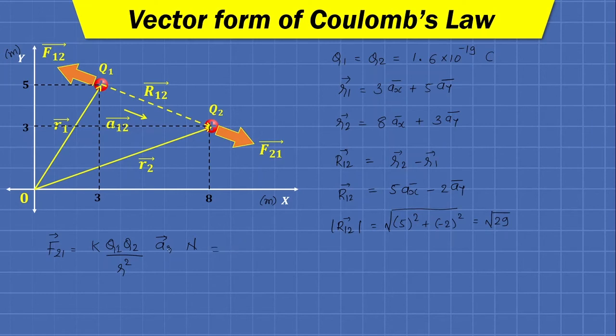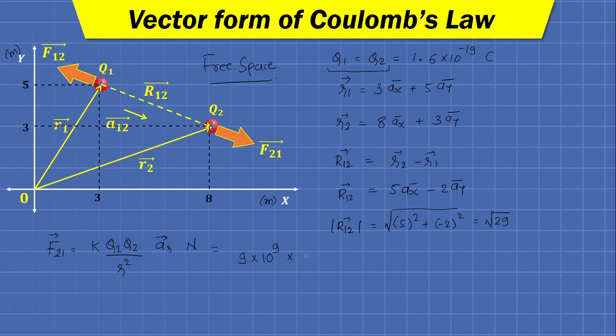in this equation, we can have k, which has a value of 9 into 10 raised to 9 for free space. Also assume that both the charges are in free space. Okay, so the value of k will be 9 into 10 raised to 9. Both are protons and both have the charge 1.6 into 10 raised to minus 19.